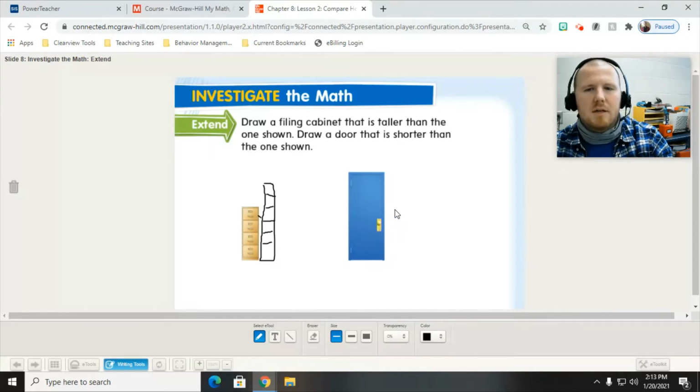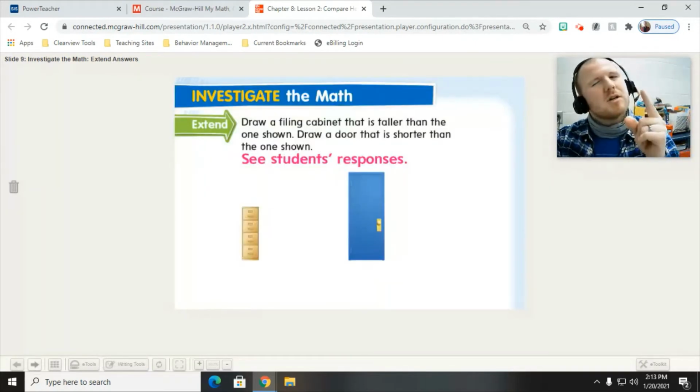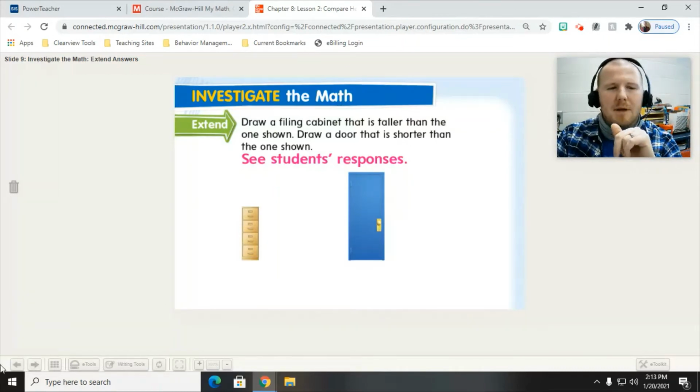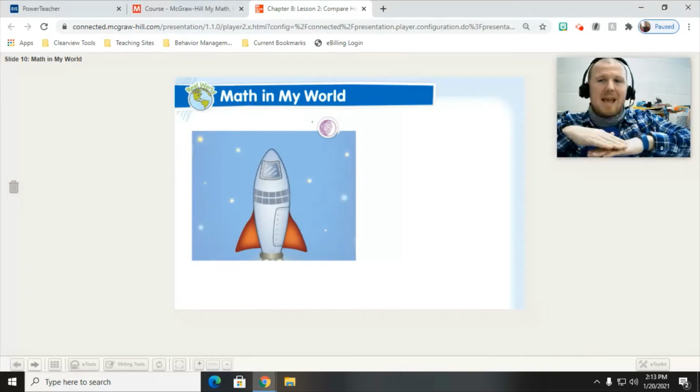So I have a Mr. Holland size door, and this is a door for my students to walk through. So how about that? Do you hear the language they're using? Taller, shorter. Shorter is like the one that we heard when we were talking about length, but instead of being taller, things were longer. So you're using shorter for both length and height.